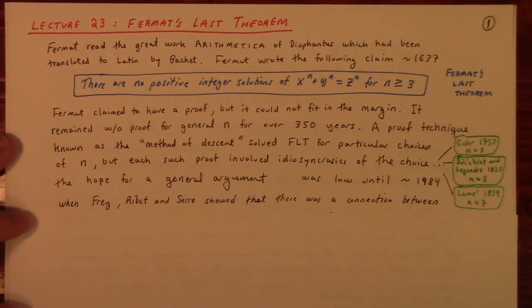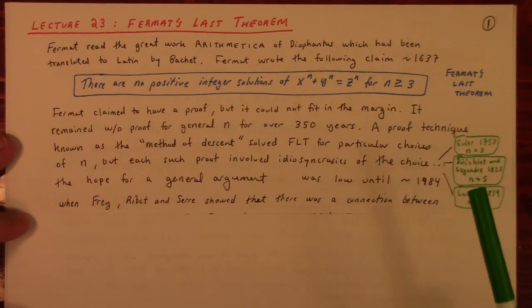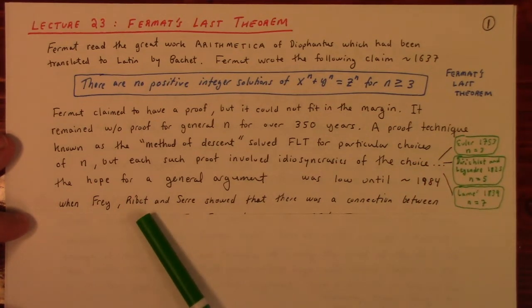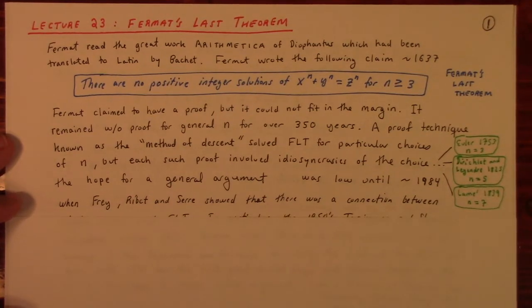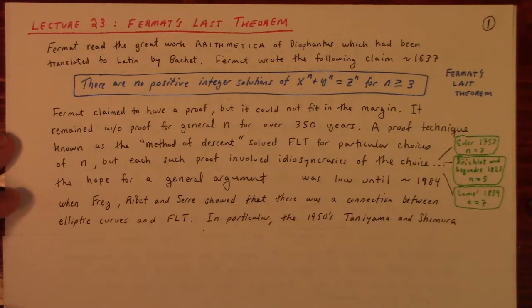Sorry. But anyway, the hope for a general argument was kind of low until 1984, when something surprising happened. Frey, Ribet, and Serre, I'm sure it's probably Ribet, but anyway, these three mathematicians, who are spelled correctly but mispronounced in this lecture, showed that there was a connection between elliptic curves and Fermat's last theorem.